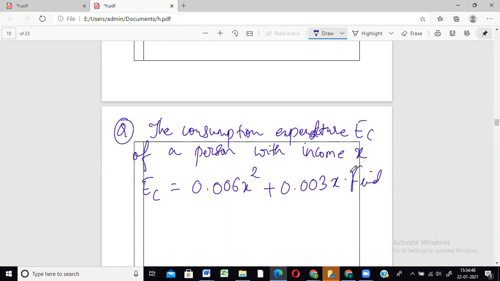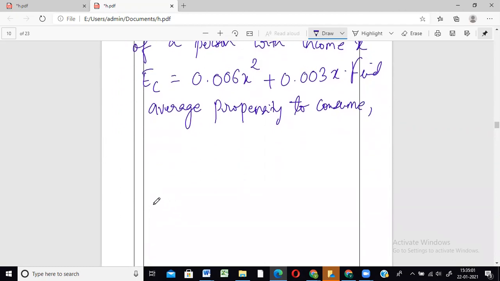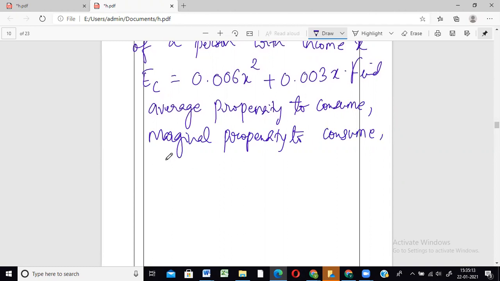Find average propensity to consume, marginal propensity to consume, when income is, to be more precise, this is a continuing statement, when income is rupees 200. Also find marginal propensity to save.